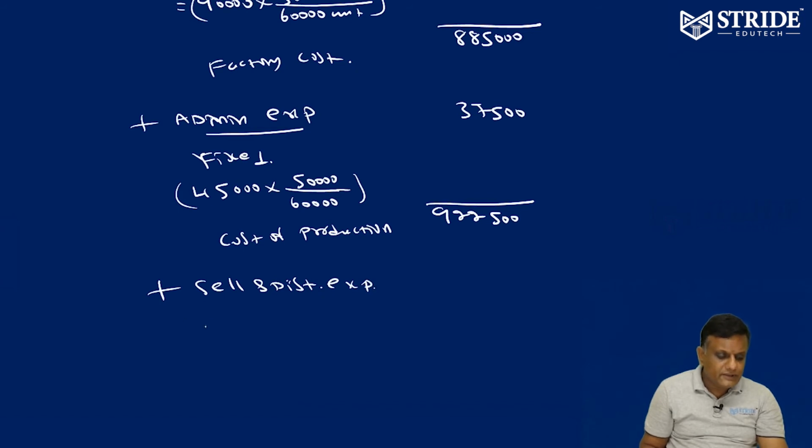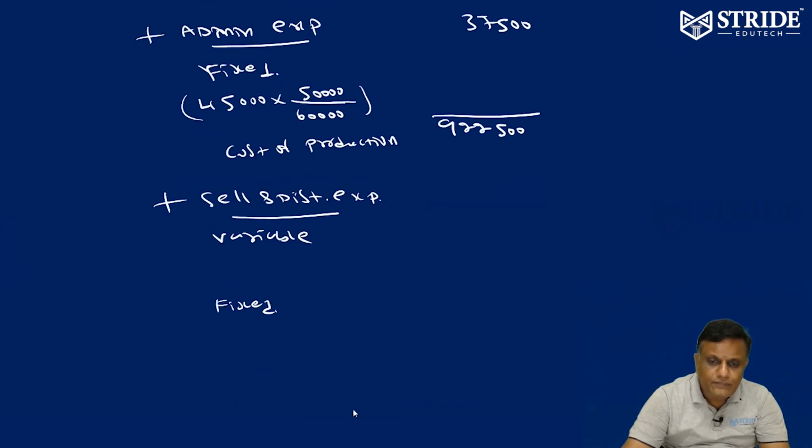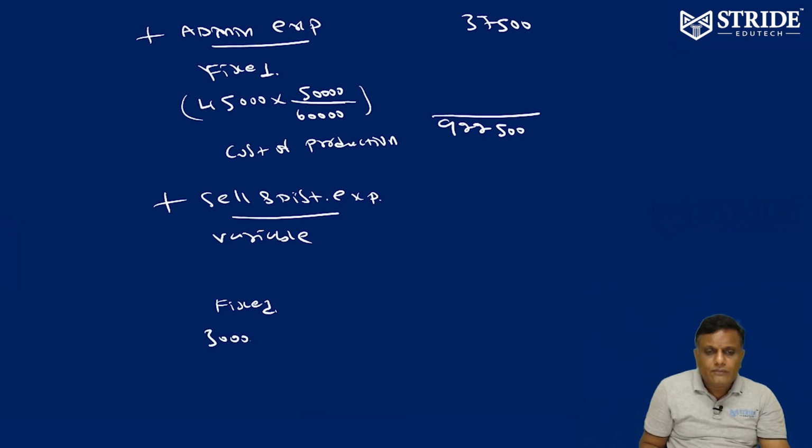Selling and distribution expenses also we can categorize into variable and fixed. Selling and distribution expenses are 30,000. Out of 30,000, 40 percent is fixed, that is equivalent to 12,000, and 60 percent is variable, that is equivalent to 18,000.